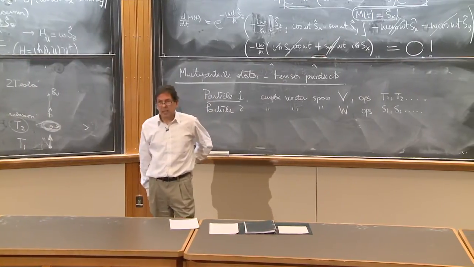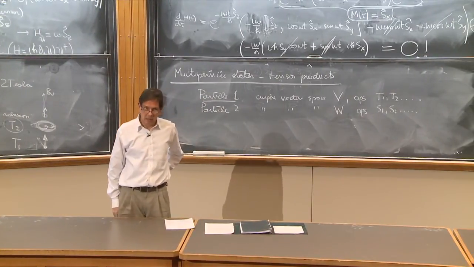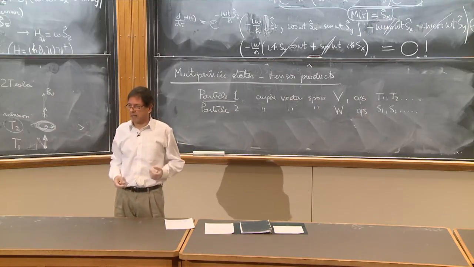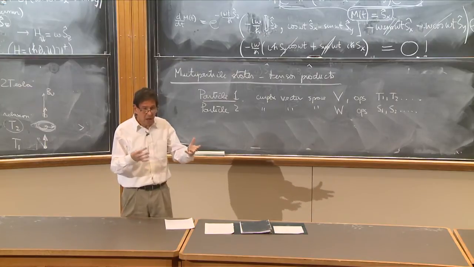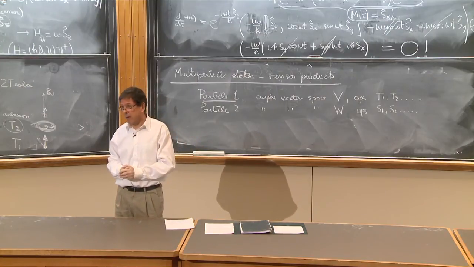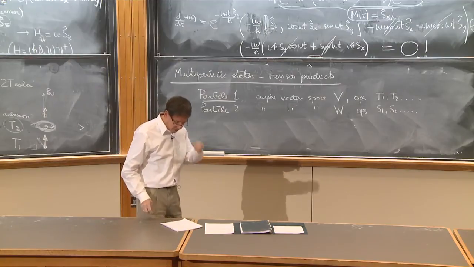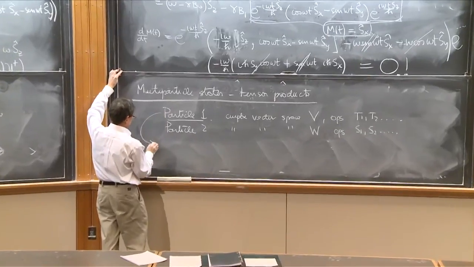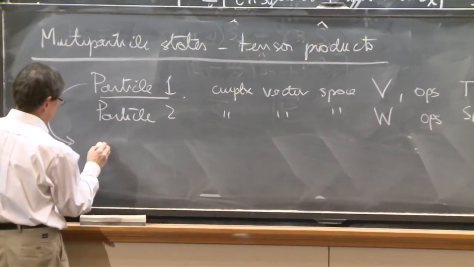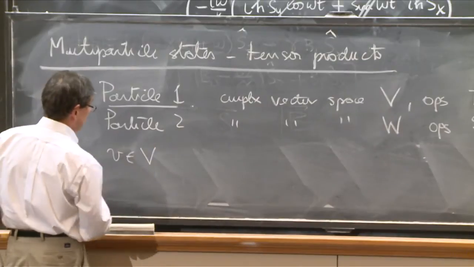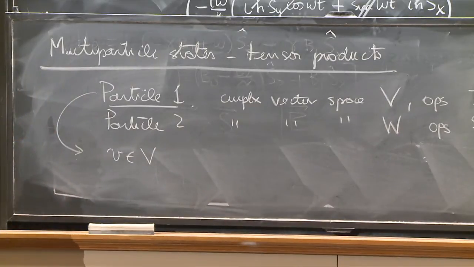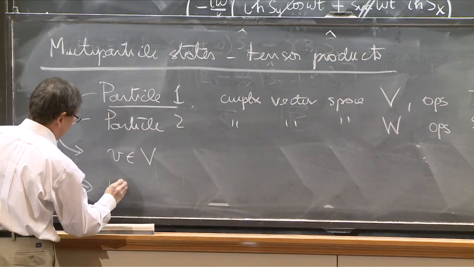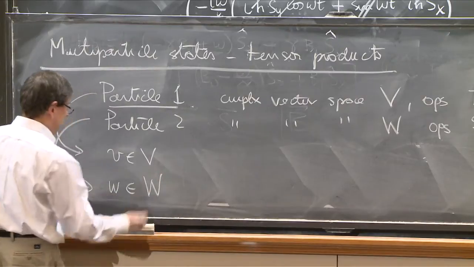So the question is, how do we describe the composite system, the system of the 2 particles that exist at the same time, that possibly could interact even with each other? So we need a description of these 2 things. So, well, a description of particle 1 is described by some vector v in the vector space. Description of particle 2 is some state, some vector omega in the vector space W.